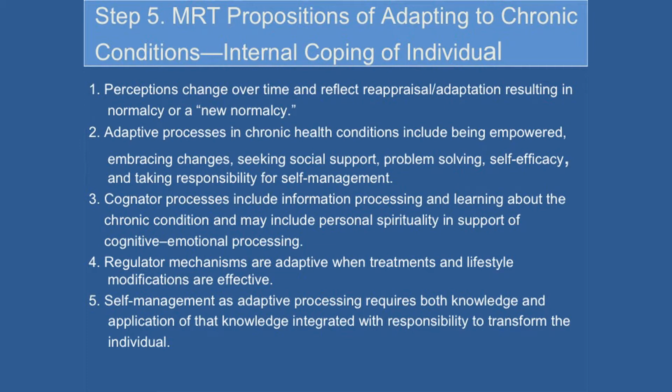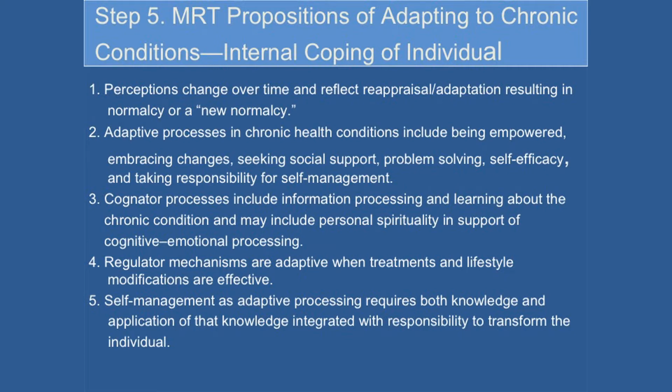Remember, we're dealing with coping with chronic conditions. The adaptive processes then in these situations include empowerment, embracing changes, seeking social support, problem solving, self-efficacy, and taking responsibility for self-management. The Cognator processes include information processing and learning about the chronic condition, and may include personal spirituality in support of these cognitive emotional processes.